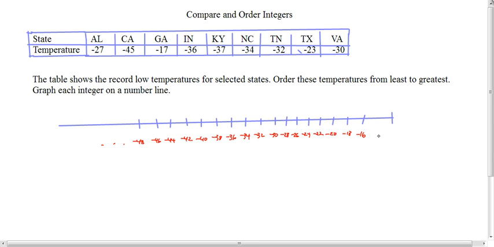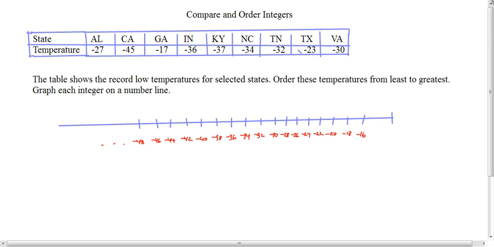Okay, so now we have our numbers. Now I'm going to go ahead and change the color here. Let's make it purple.